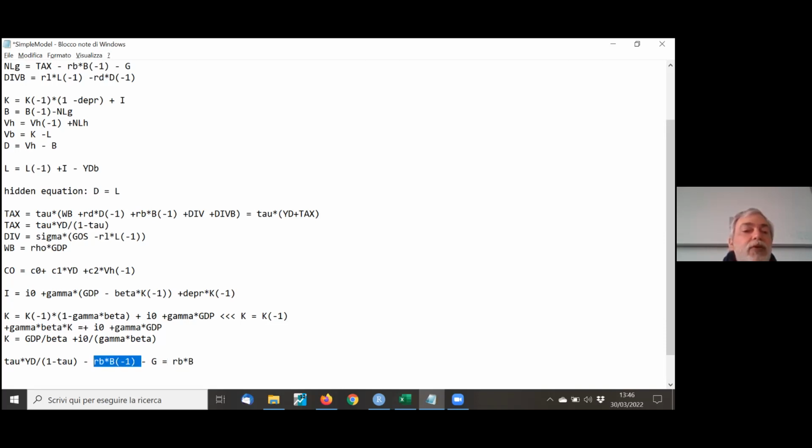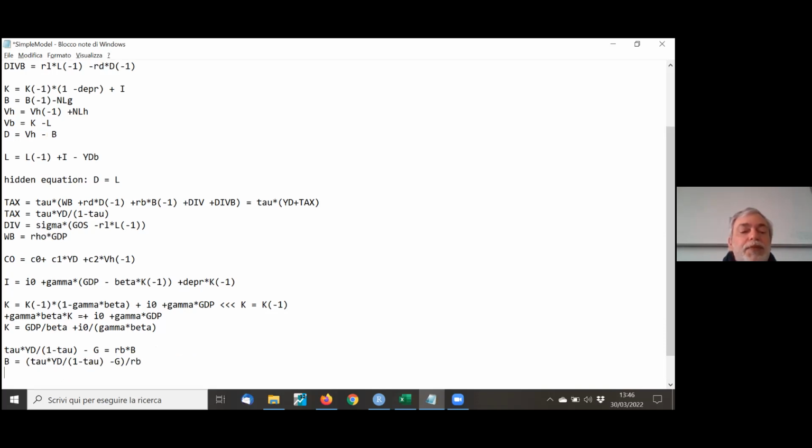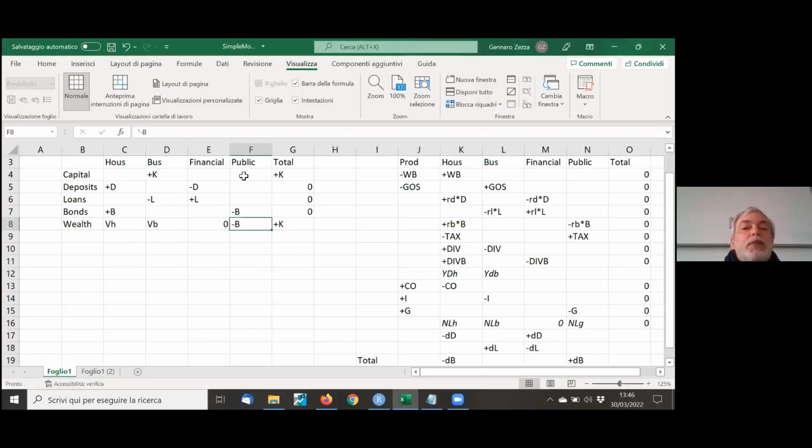I can drop the -1 if we're looking at the steady state, so that b will be equal to this tau times yd over 1 minus tau less g divided by rb. It's going to become a little messy now. This is, I would like this to be 0.